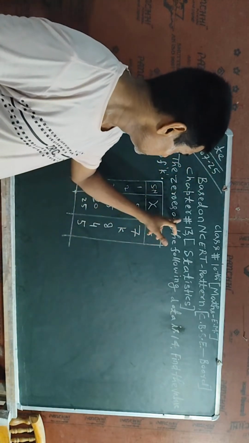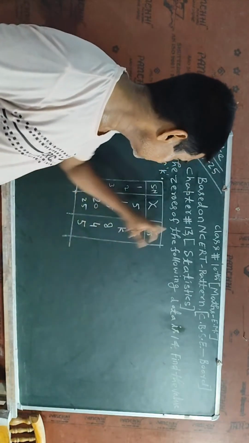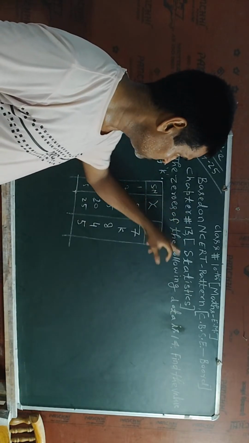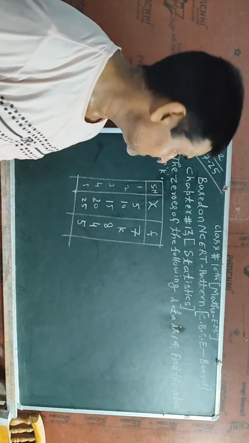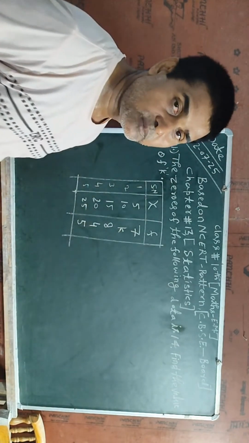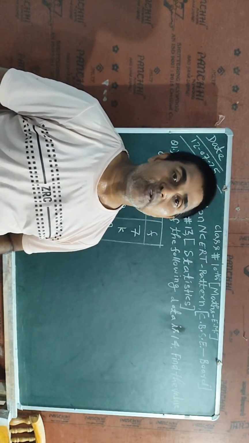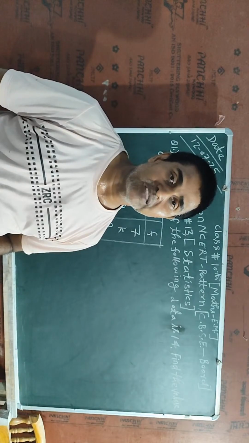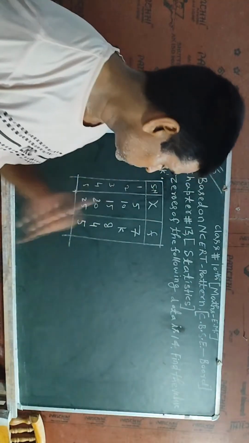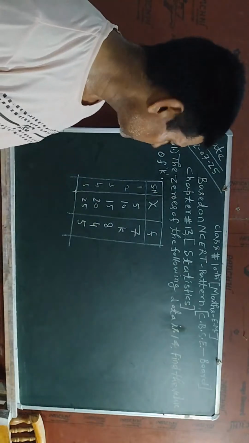Today I am explaining the remaining concept of statistics, belonging to chapter 13, which in Hindi is called Sankheki. I have written one question. First I will explain the concept of grouped data, how we get the mean value of grouped data, and then I will solve the written question.